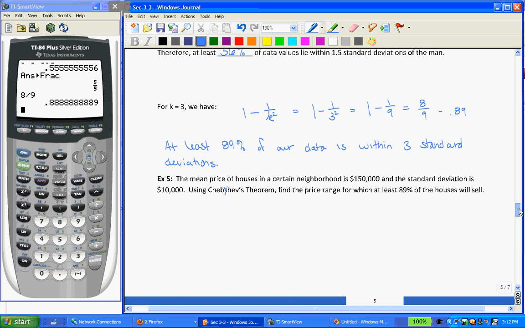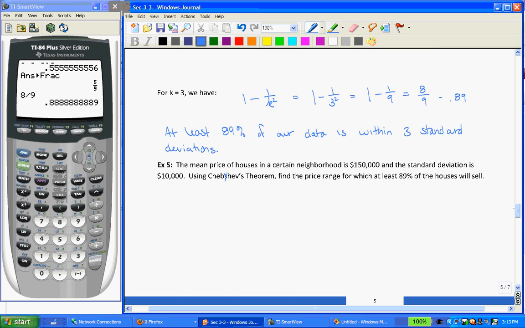Okay, so we have a little bit of work to do here. Actually, we kind of have done it already. We know that 89% corresponds with 3 standard deviations. Remember, it doesn't matter what our data looks like. Chebyshev is making this assumption for any data set.